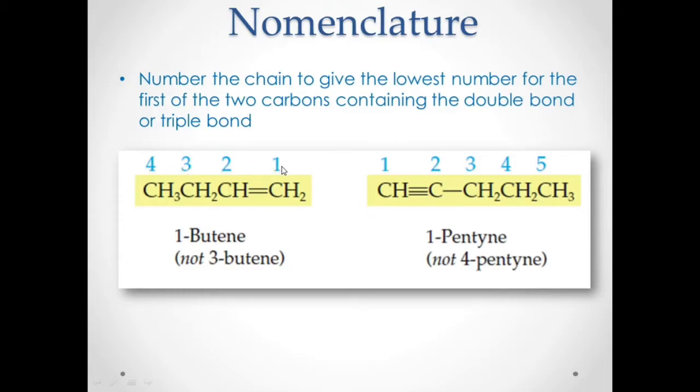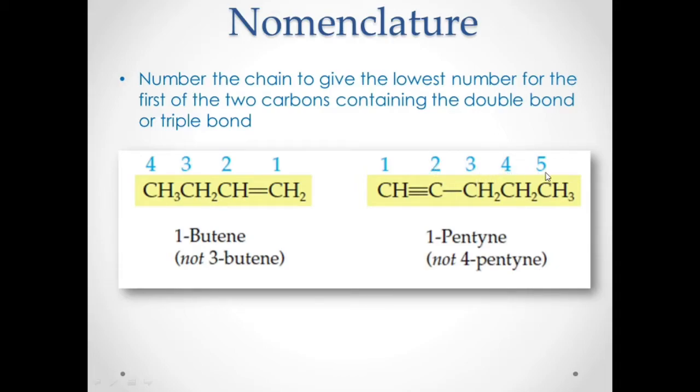And remember the rule, you should give the lowest number for the first two carbons that contain the double bond. So you should number the longest continuous carbon chain in such a way that your first two carbons would give the lowest number. Like for example, for pentyne, you should number the longest continuous chain as 1, 2, 3, 4, and 5.